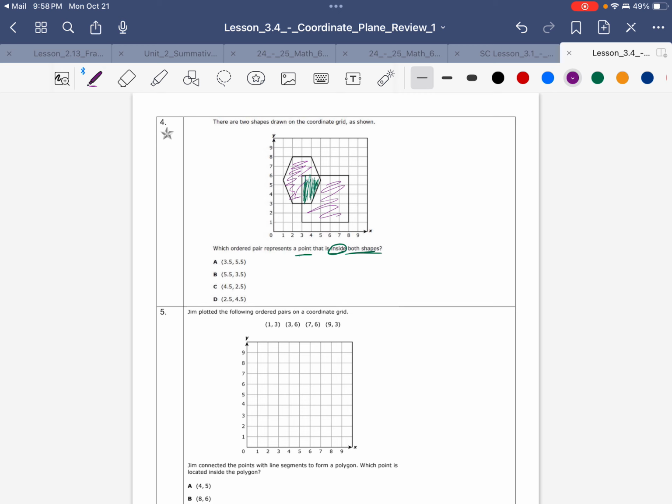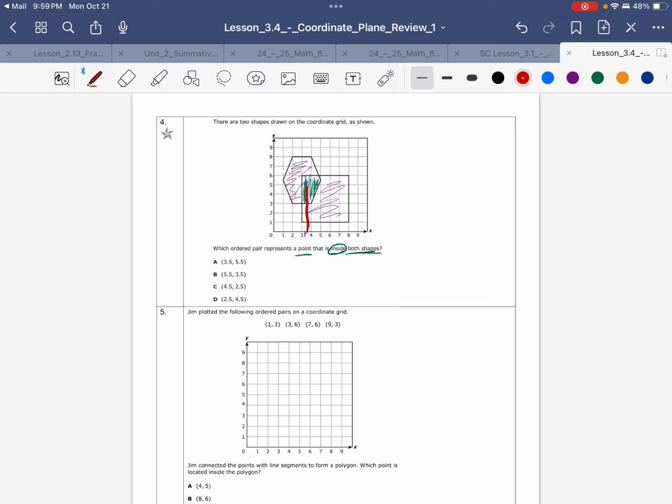So let's look. 3.5 and 5.5. So 1, 2, 3. So 3.5 would be somewhere here. All right. So if we come up looking for 5.5, let's change colors.